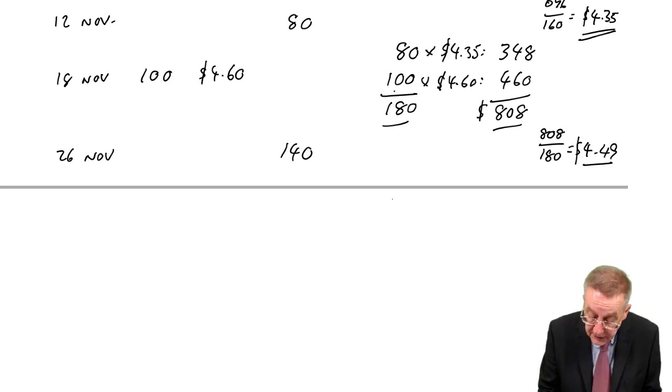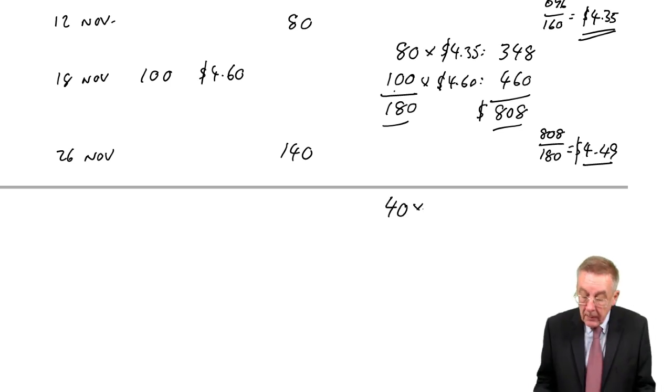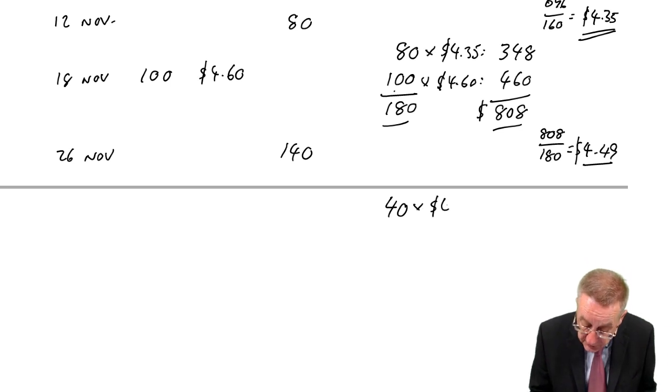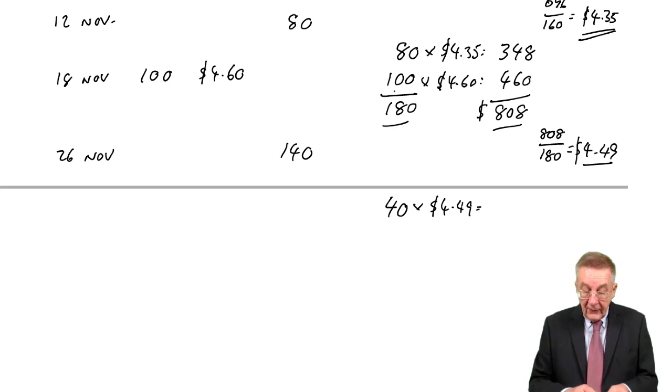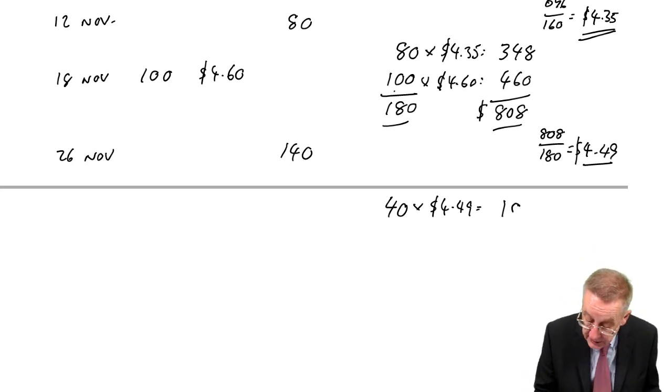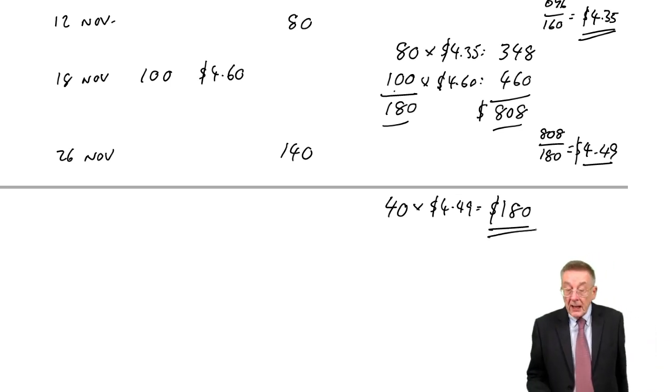We sell 140, so we've 40 left, and they'll be valued at the average of 4.49. 40 times 4.49 is, excuse me, I'll round it to the nearest dollar, 180. And so there we are.